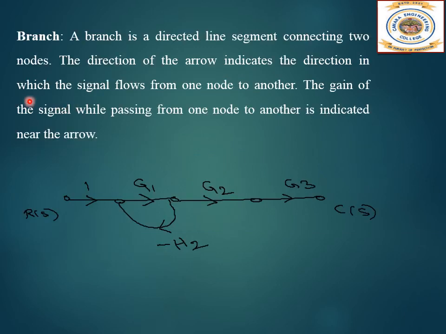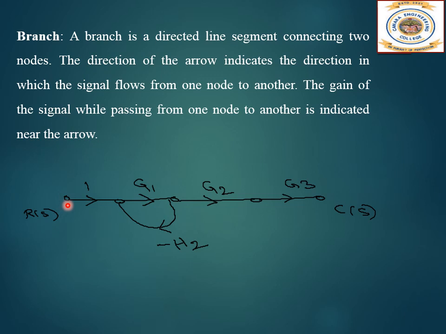Next, we'll see what is meant by a branch. A branch is a directed line segment connecting two nodes. The direction of the arrow indicates the direction in which the signal flows from one node to another. The gain of the signal while passing from one node to another is indicated near the arrow.